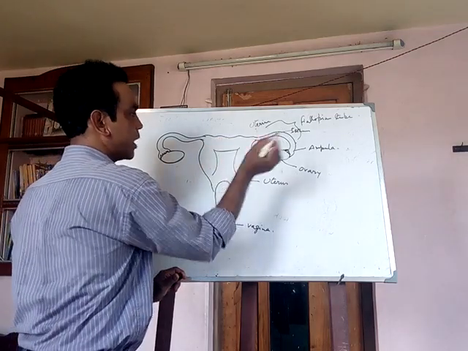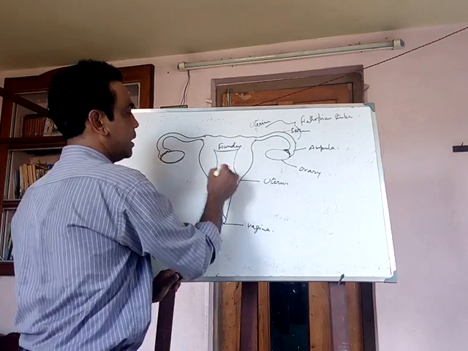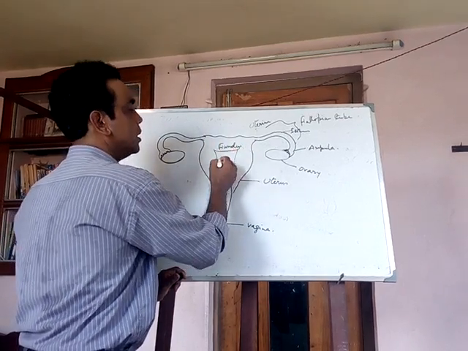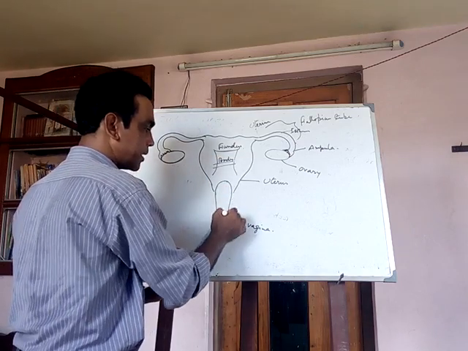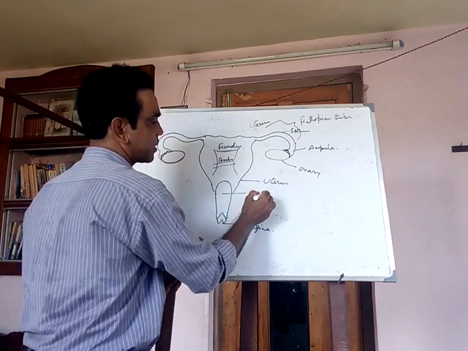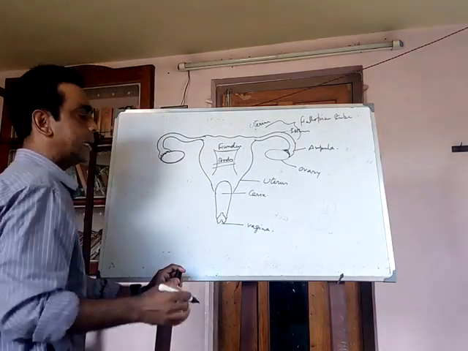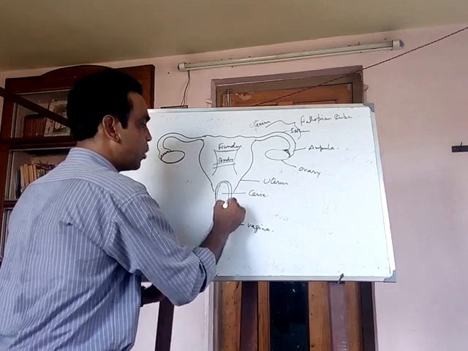The upper part of the uterus is called the fundus. The middle part is called the body, and the lower part is called the cervix. The cervix is a tubal structure.